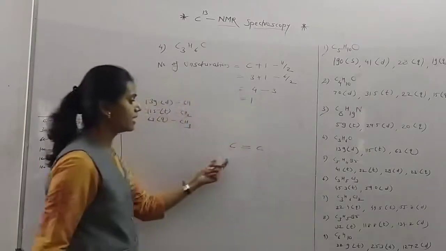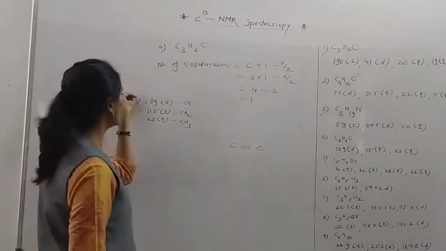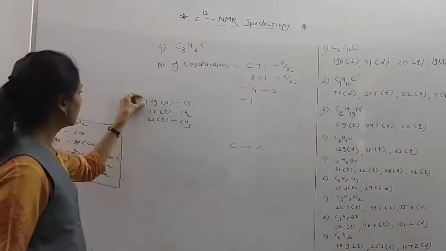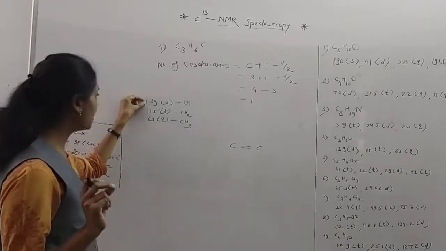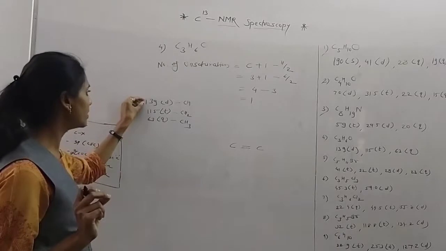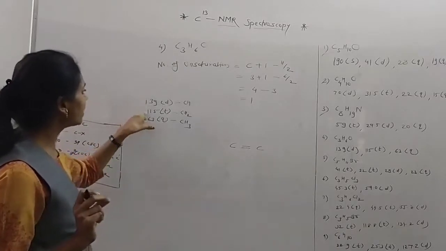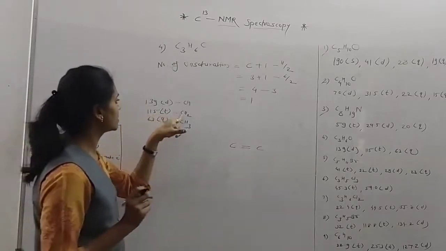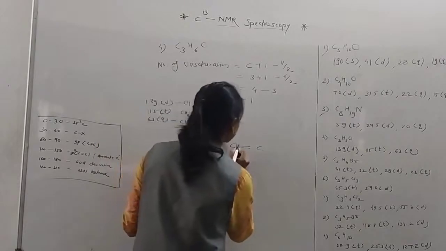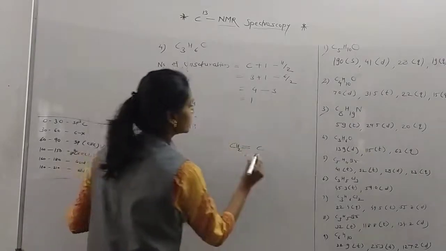Why have I written the carbon-carbon double bond? Due to the chemical shift values 115 and 139, and 115 gives a triplet, that means it is due to the CH2 group, and this one is the CH.